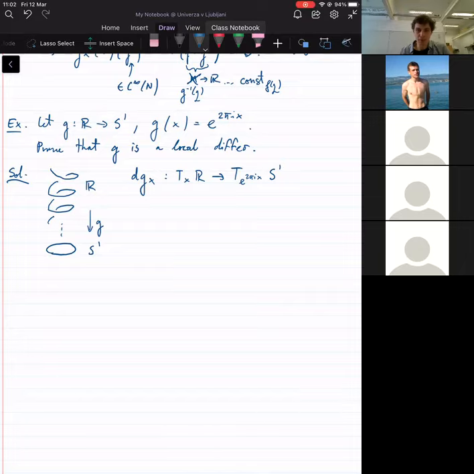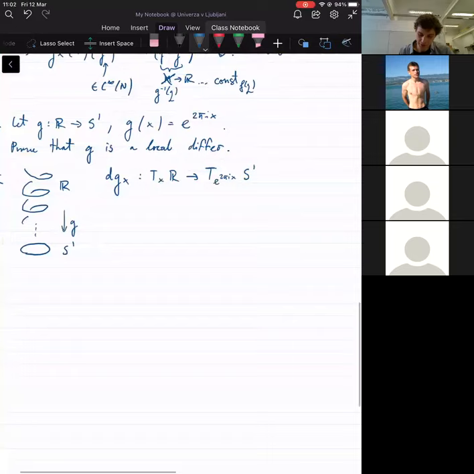Let's finish this and then we'll have a break. This is a short exercise, so it shouldn't be too long. What is T_x R? R? Yeah, it can be identified with R because R is a vector space. The tangent space of a vector space is of course the space itself, right? This is an identification that you do in your head. You have to interpret it correctly.